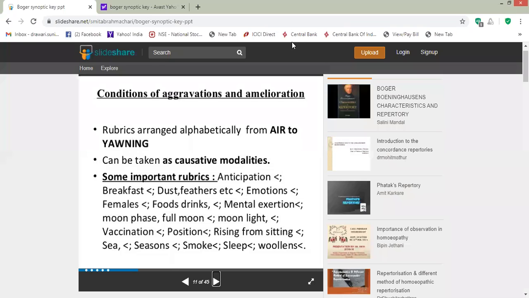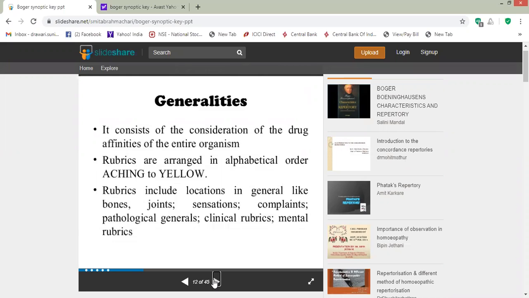They are arranged one after another alphabetically from A to Z. In this way, all the conditions of aggravation and amelioration are arranged alphabetically. First aggravations and then ameliorations are given.